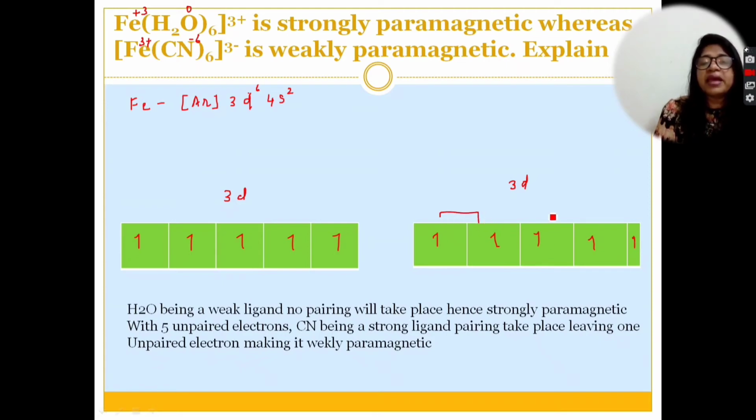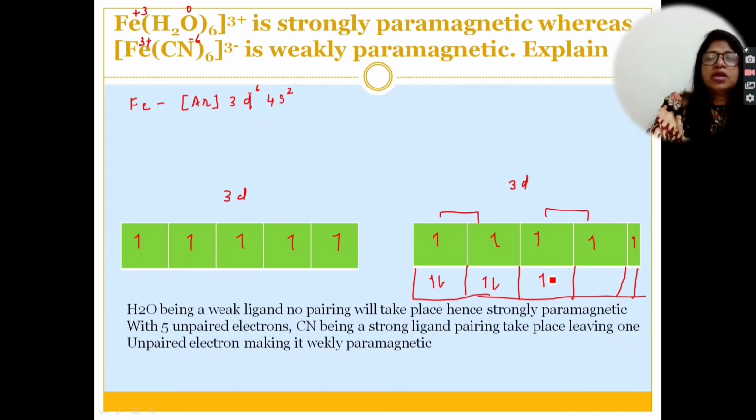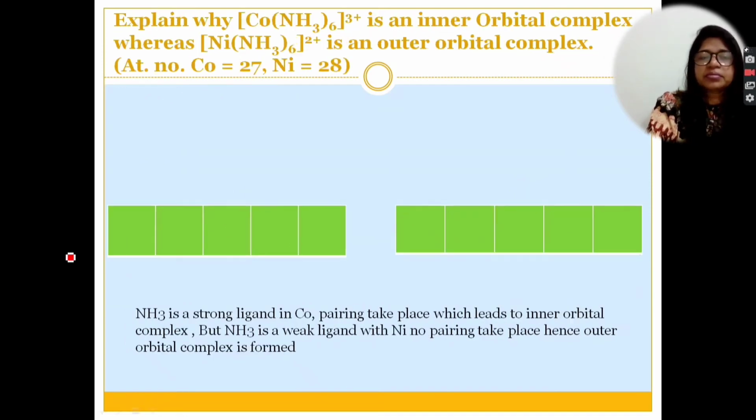These two will pair and these two will pair. When these two pair, you have 2 electrons and 1 electron. Now you can see after pairing there is only 1 unpaired electron, which makes it weakly paramagnetic. So you have to explain like this if it is for 2 marks. For 1 mark, only the writing part is required.